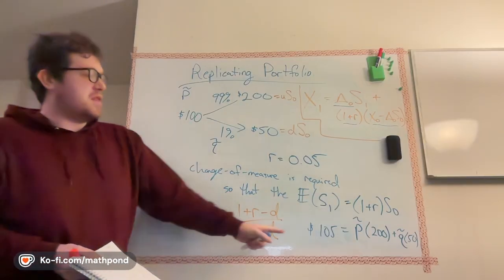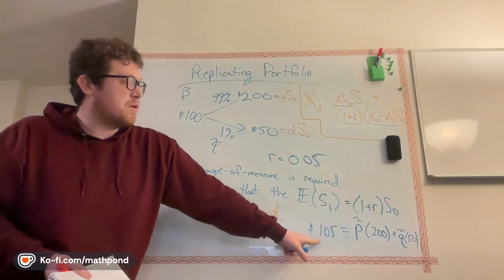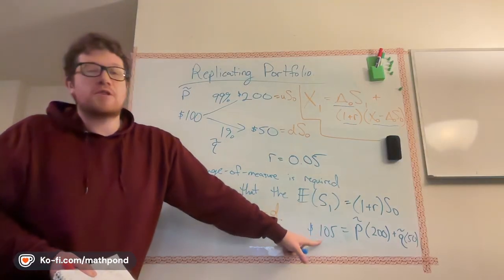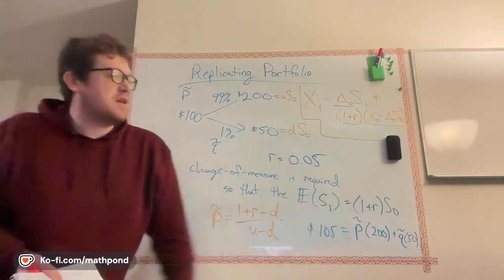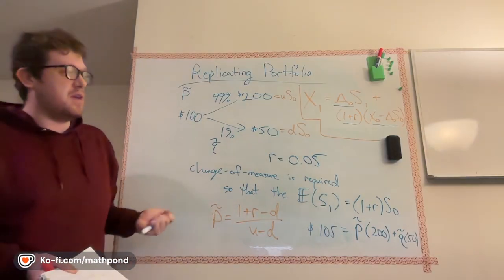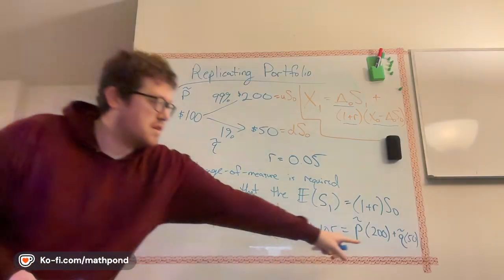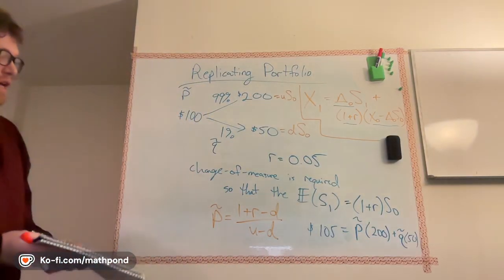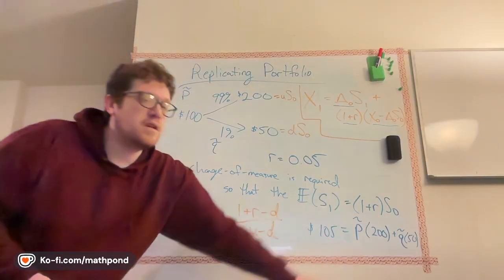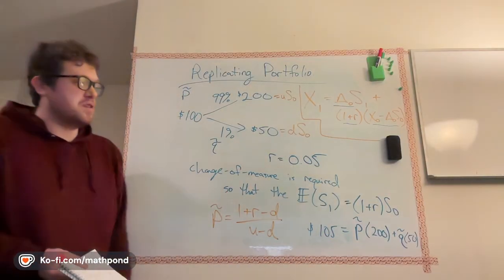So I'll write down the formula for the option price at time 0. It's also the expected value, but of the option prices instead of the stock prices, and also with respect to this new measure, this P tilde.